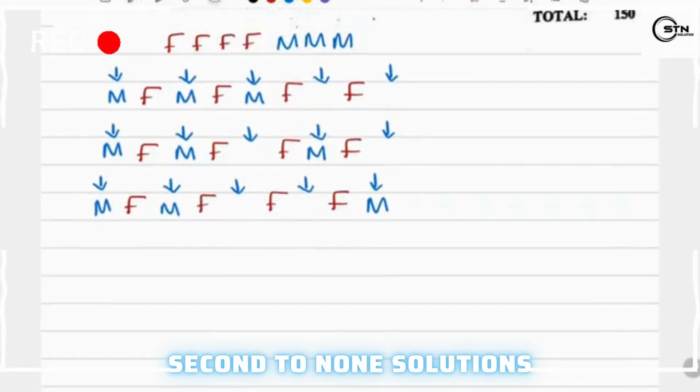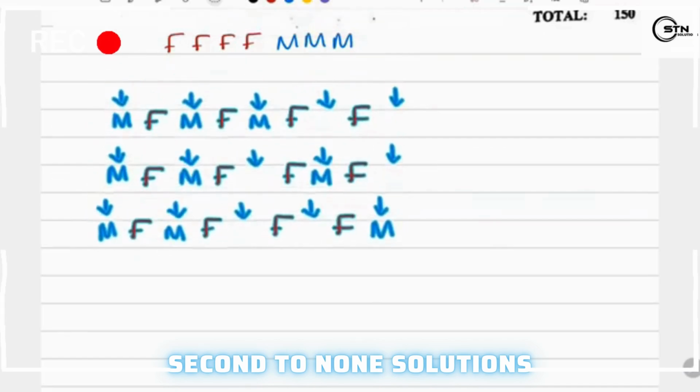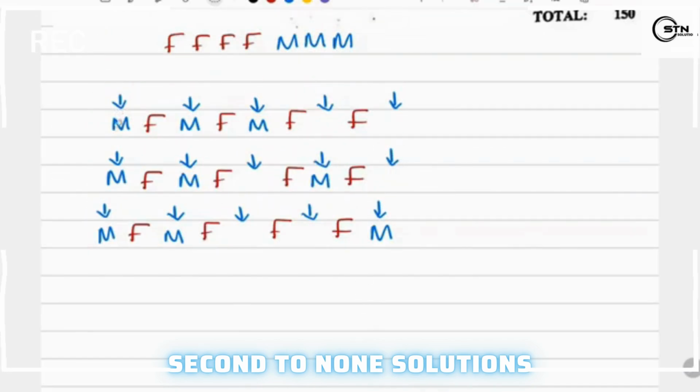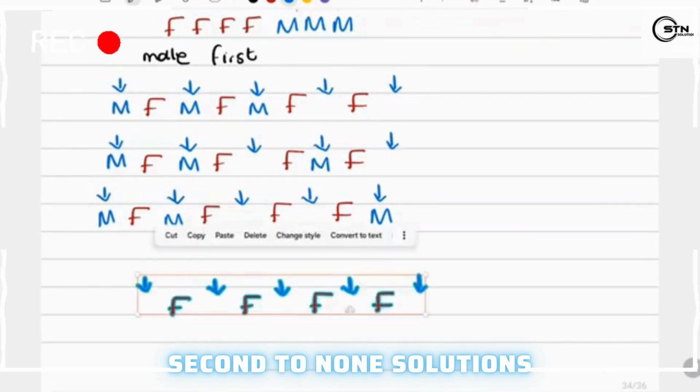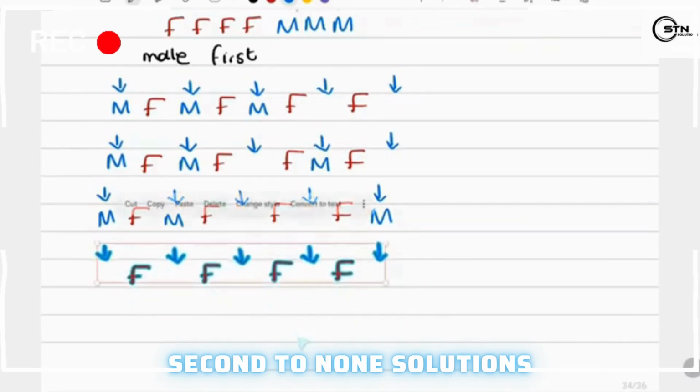Let's actually focus on this being the placements where we make sure that the male is first. We have a male in front of the female, right? So I'm going to call that male first. Then we'll also deal with situations where the male is second, instead of first. So what other placements can we have? I can also see other ways that the males can still be first.